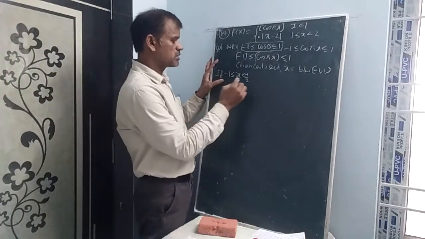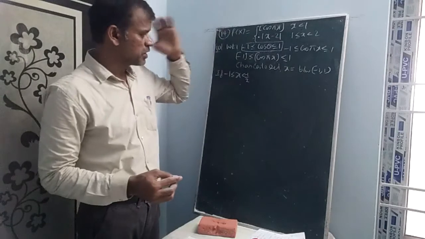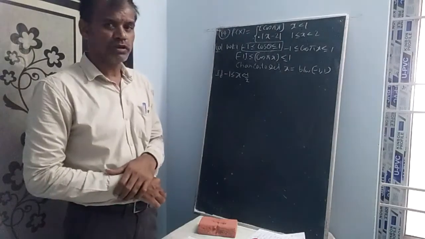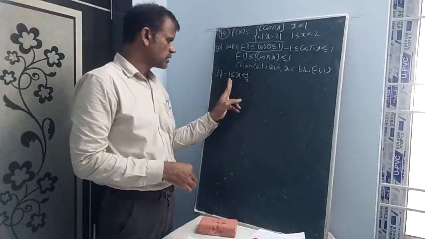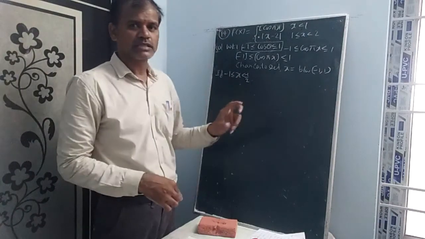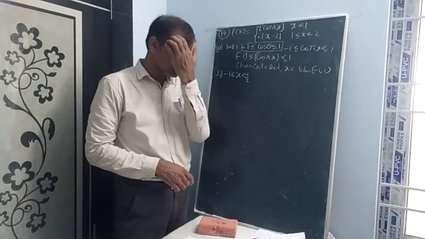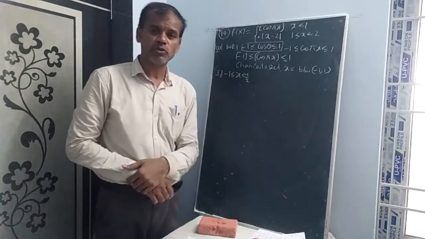Minus 1 less than x less than minus 1 by 2. Substitute any number between minus 1 and minus 1 by 2. Minus 1 by 2 means minus 0.5. Let us take minus 0.6, which means 2 pi by 3 in cos.